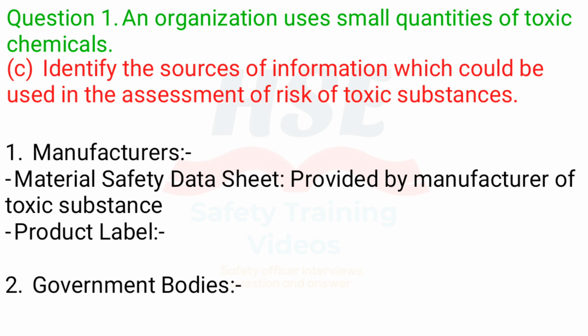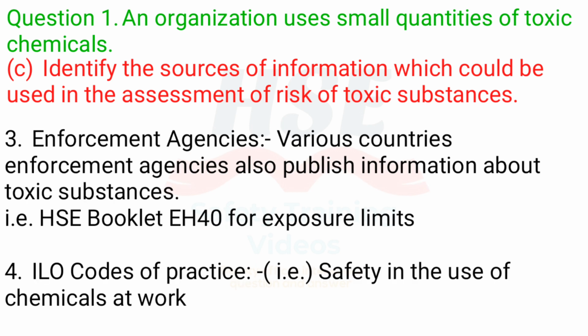C. Identify the sources of information which could be used in the assessment of risk of toxic substances. 1. Manufacturer's material safety data sheet, provided by the manufacturer of the toxic substance, and the product label. 2. Government bodies. 3.